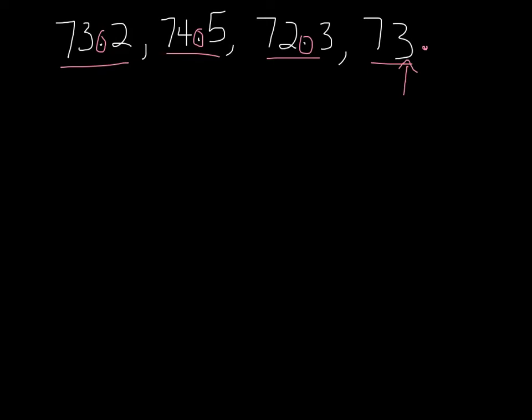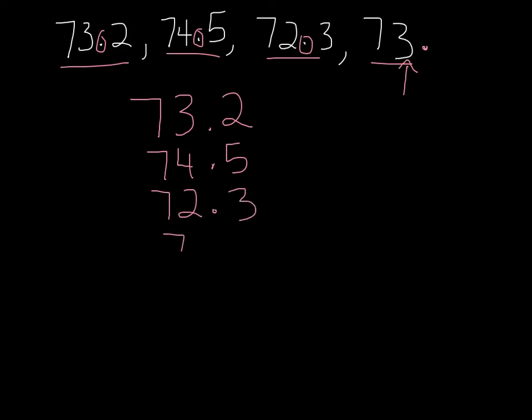So we line up the decimals vertically, 73 and 2/10, 74 and 5/10, 72 and 3/10, and then 73, and you can always put a 0 here so you're not confused.